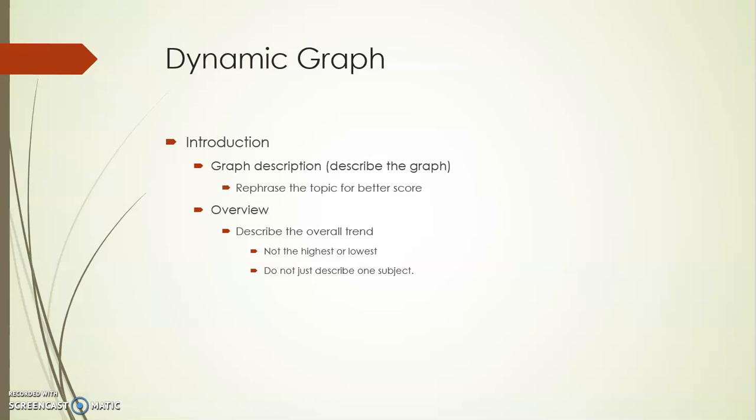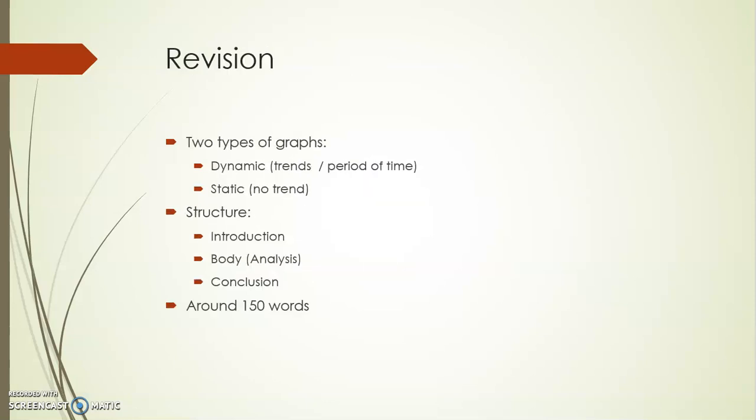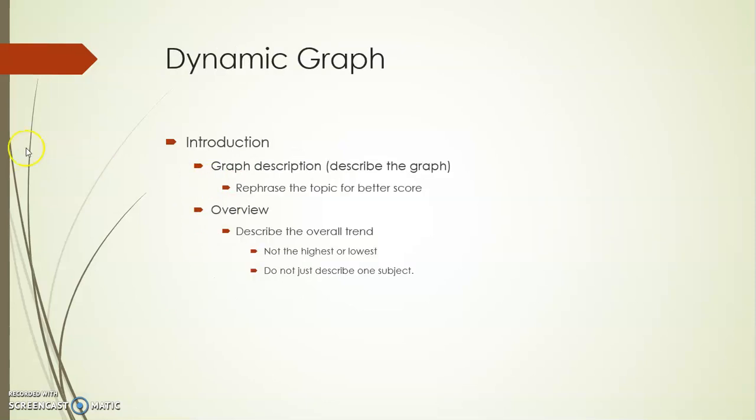Before writing a task 1 essay, you have to identify the type of graph first, because it's very important so that you won't be writing something which is wrong. You don't want to be writing a dynamic graph analysis for a static graph. Once you have identified the type of graph, then you can start writing the introduction.